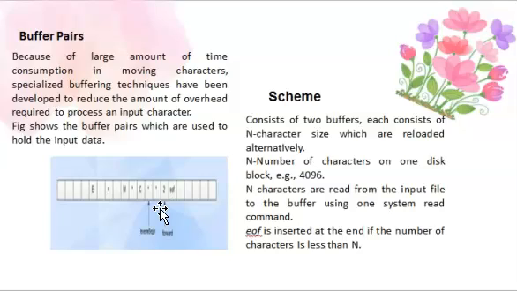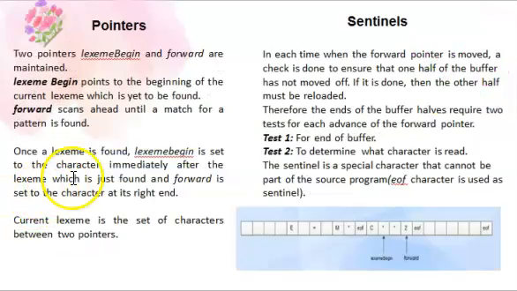So special techniques have been developed to reduce the amount of overhead required to process input characters. The scheme consists of two buffers, each of size n characters, which are reloaded alternately. The pointer lexeme begin marks the beginning of the current lexeme, which is yet to be found, and the forward pointer scans ahead until a match for a pattern is found.